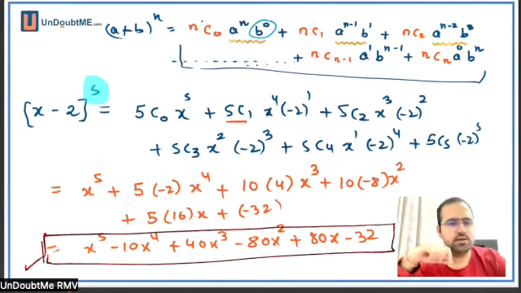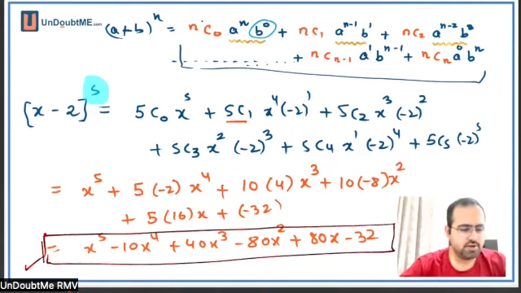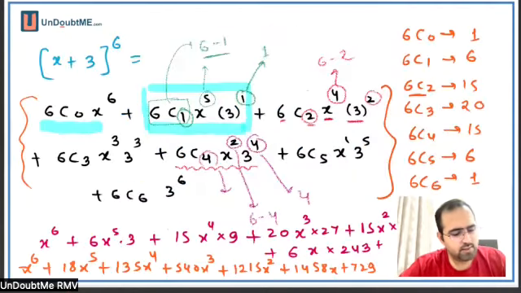In today's lecture, there is one more thing which I would like to introduce, that will be called the general term. General term is based on how we are writing the powers. In one previous example, I told you that the power of x is always n minus r, and the power of 3 was always the subscript, that is r.